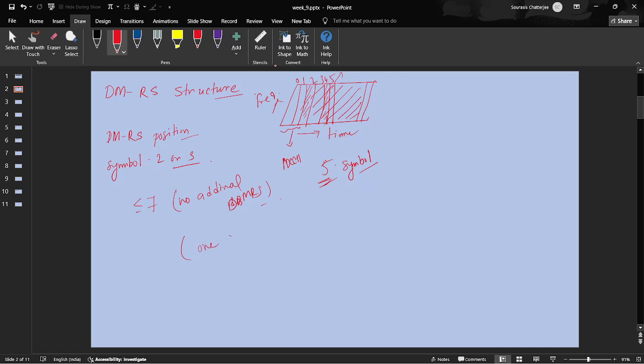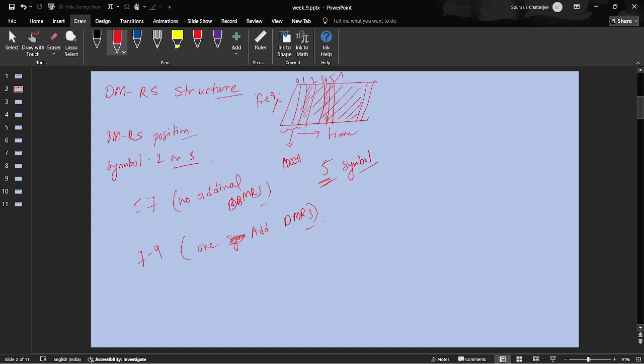Any idea about the number where I am only allowed to send one additional DMRS? How many symbols do you think there should be? If the length of the PDSCH duration is between 7 to 10, if I'm not wrong. Okay, very close. It's just 7 to 9.